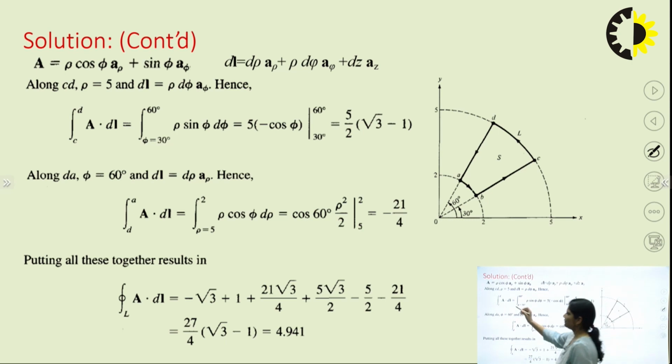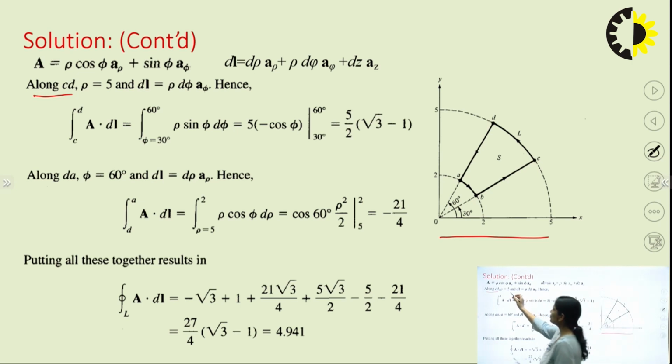Now here this is given, A is equal to rho cos phi unit vector of rho plus sin phi unit vector of phi, and DL you should know for cylindrical coordinate. Now here you have to find out line integral for CD. Now for CD you can see, here rho is equal to 5.